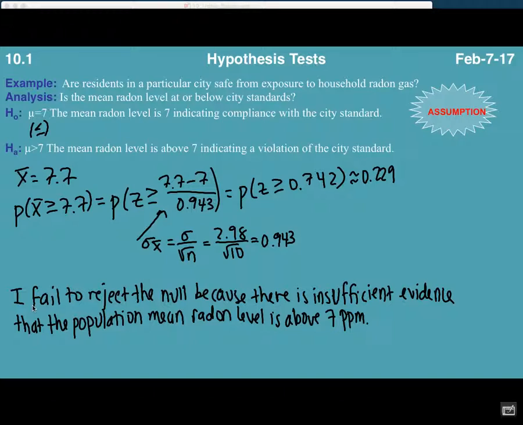What does that practically mean for this town? We think that the people are safe.